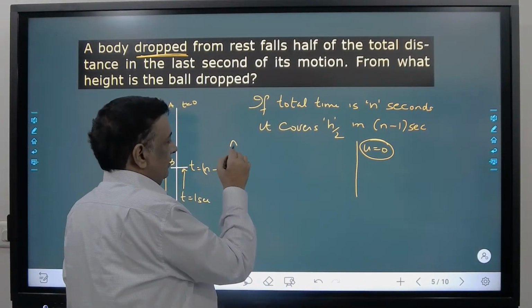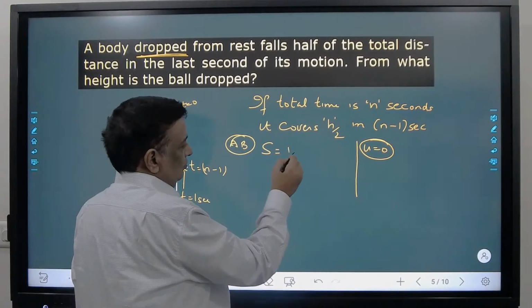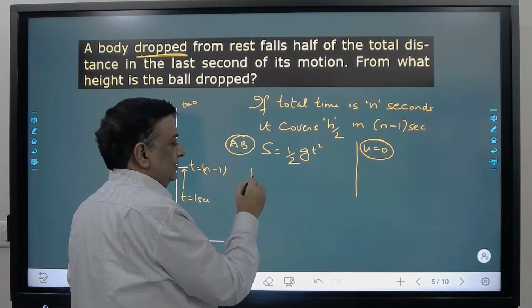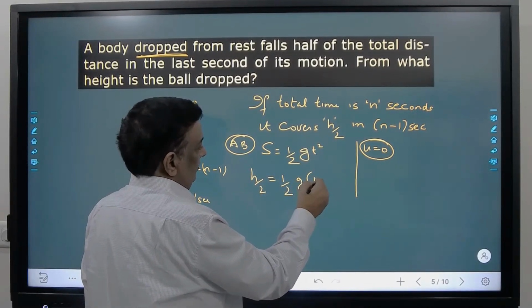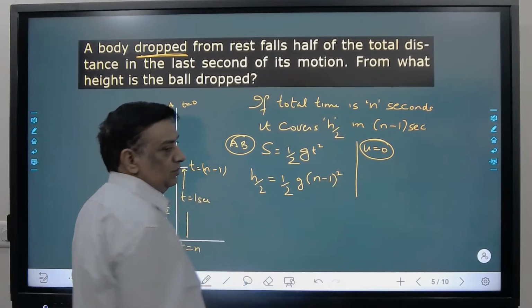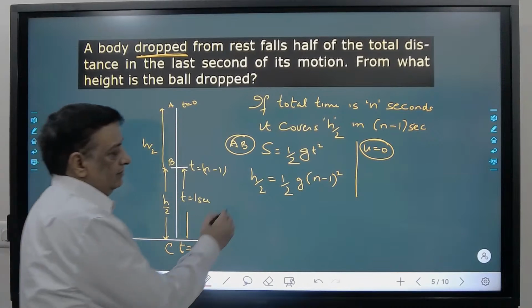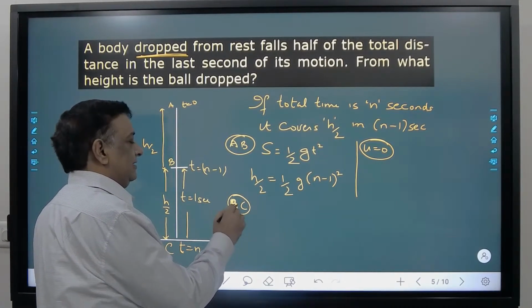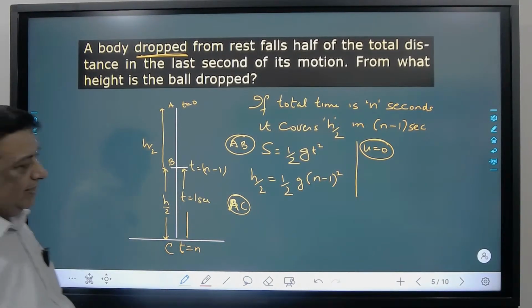So for AB, s is equal to h by 2, the distance traveled from A to B, and time taken is n minus 1 seconds. For A to C, take the complete distance: distance traveled is h and time taken is n seconds.